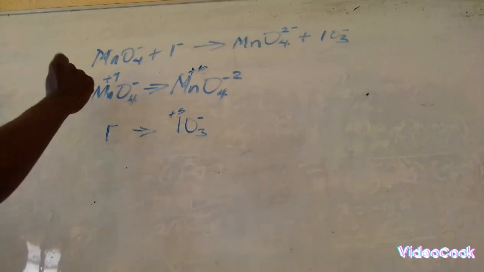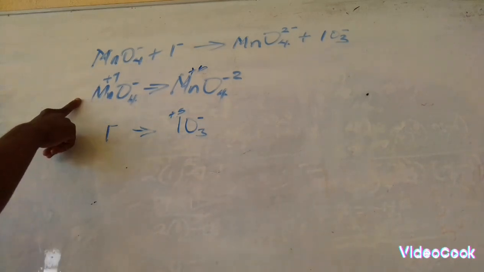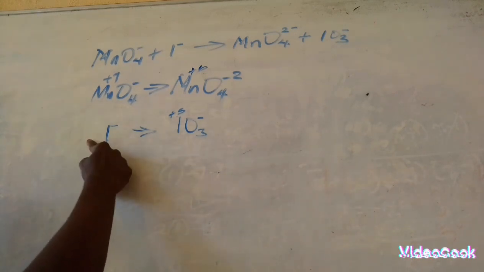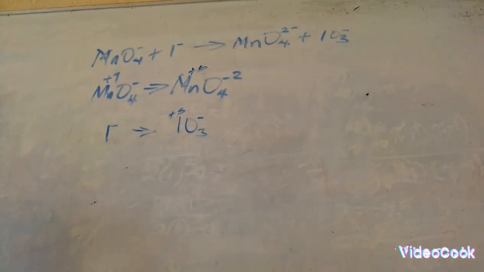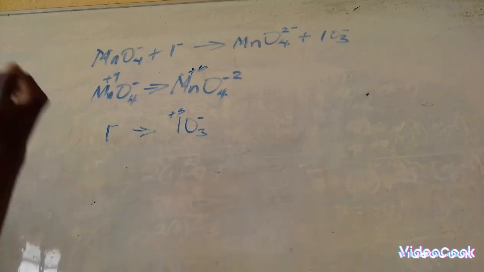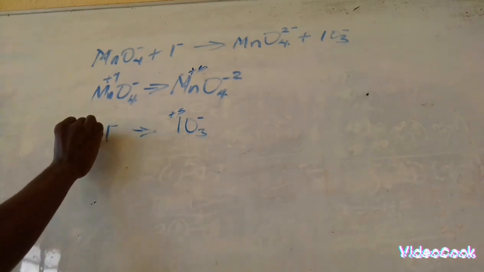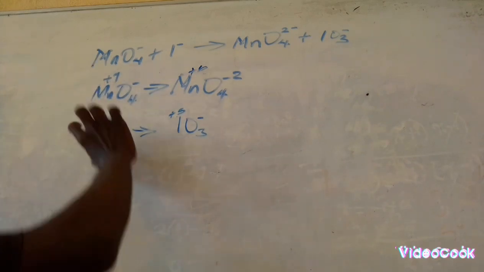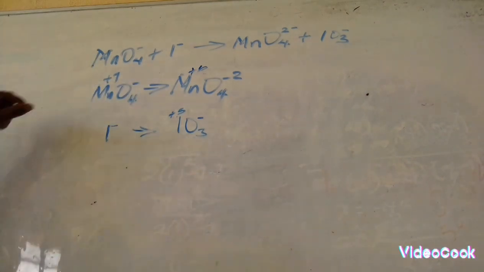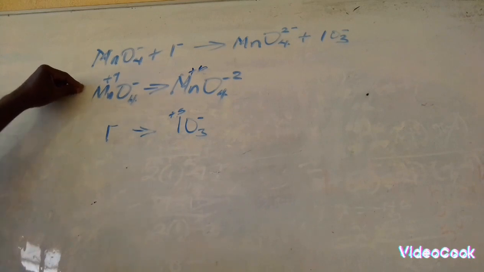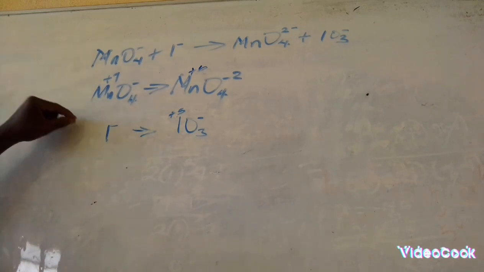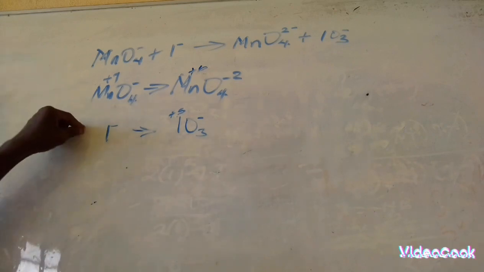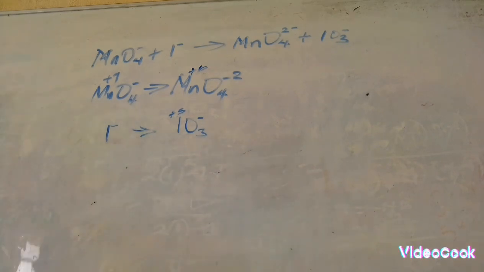So this one serves as the reducing agent, while this one serves as the oxidizing agent. This one is being reduced, while this one is being oxidized. So the one that has been oxidized serves as the reducing agent, while the one that has been reduced serves as the oxidizing agent. Let's proceed.